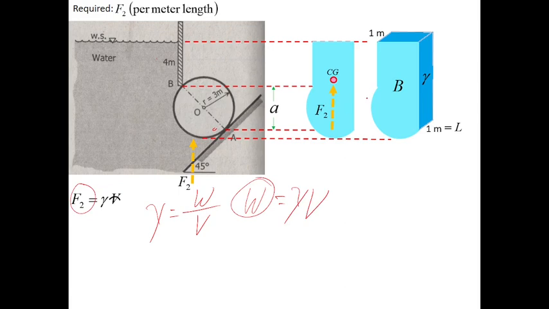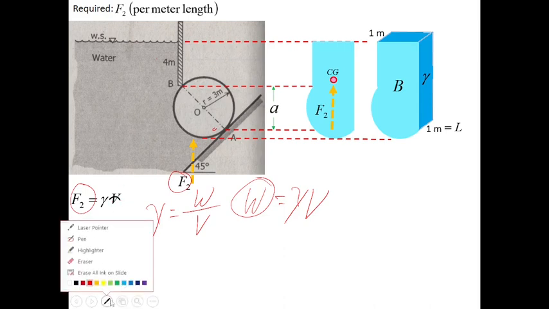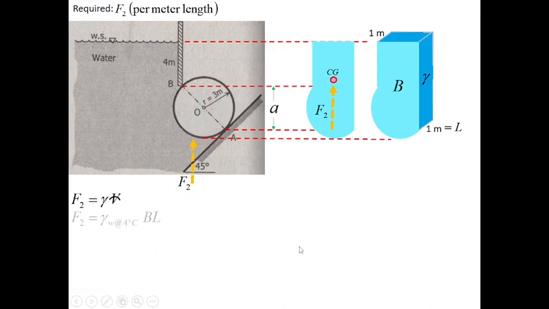Kung ano ang bigat ng tubig na yan ay yun din yung F2. Nilagyan ko lang ng ganitong symbol for water, for the liquid. So, F2 is equals to unit weight of water at 4 degrees Celsius multiplied by BL.